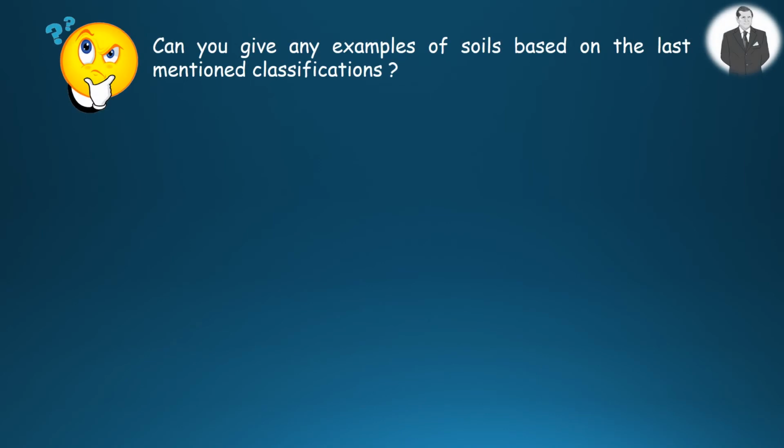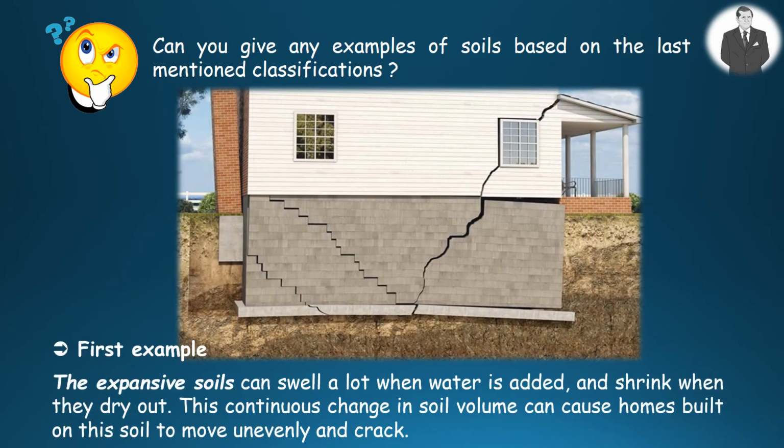Can you give any examples of soils based on the last mentioned classification? Yes, of course. Two remarkable examples are expansive soils and quick clays. Expansive soils can swell a lot when they absorb water and shrink when they dry out. This ongoing change in soil volume can cause buildings standing on the soil to move unevenly and crack.